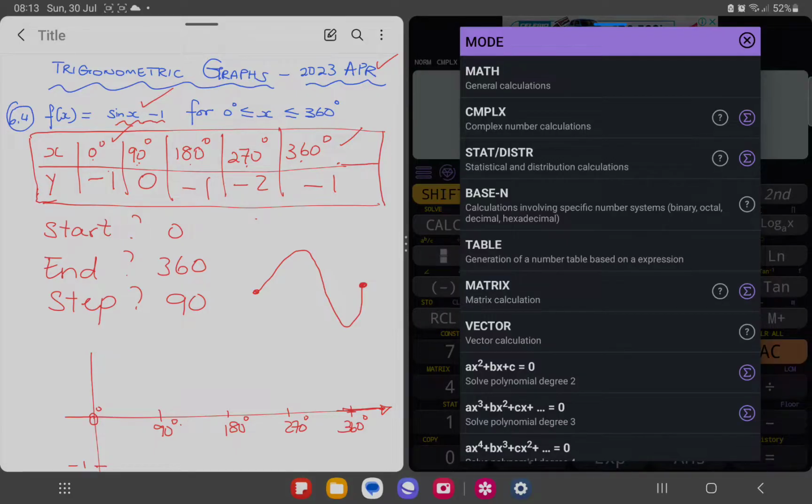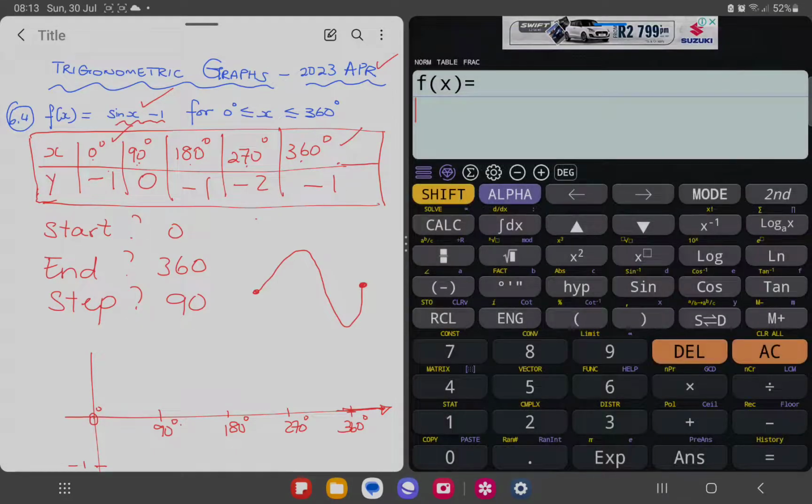After selecting mode, you select table, then it's going to show f of x is equal to, then after the equal sign you write the equation. Your equation is sine x. Then when you look at x is purple, purple goes with alpha, so you press alpha first and then press x, then you close the bracket, then minus 1.